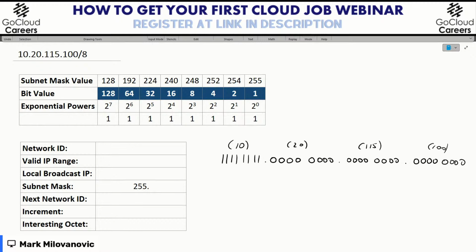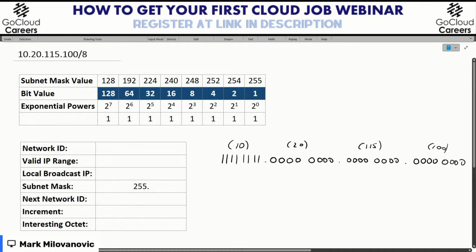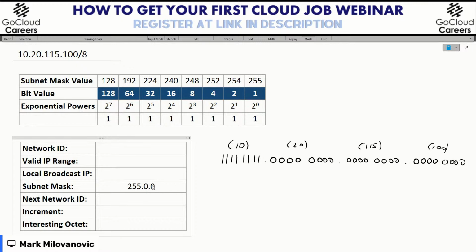And then I'm going to make it easy. The remaining bits in the subnet mask, the prefix length, are turned off with a 0. So naturally, the remaining 24 bits, which we're going to write in decimal, we can simply write as a 0, a 0, and a 0.